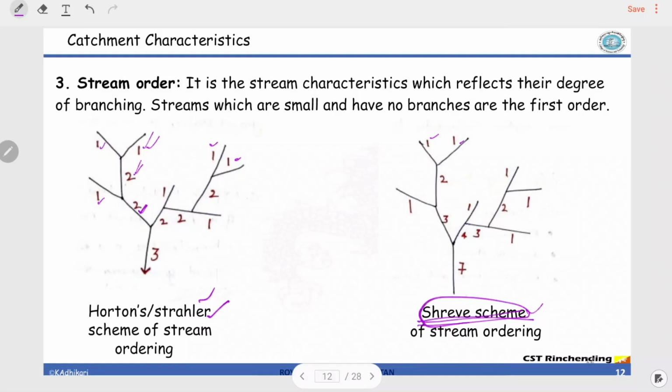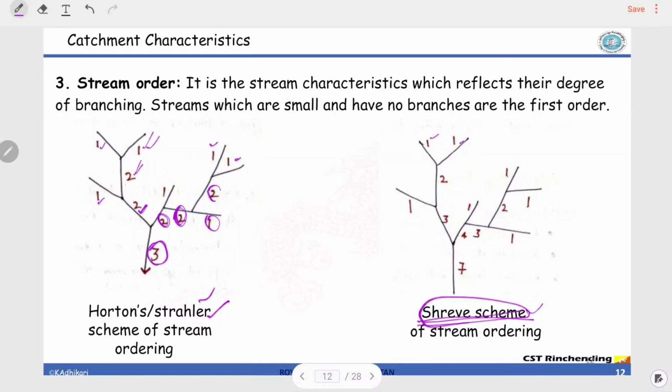For instance, if second and first order streams join, the stream order of the joint river will be the higher stream order. But if 2 and 2 get connected, then we get 3, so it gets one stream order higher.